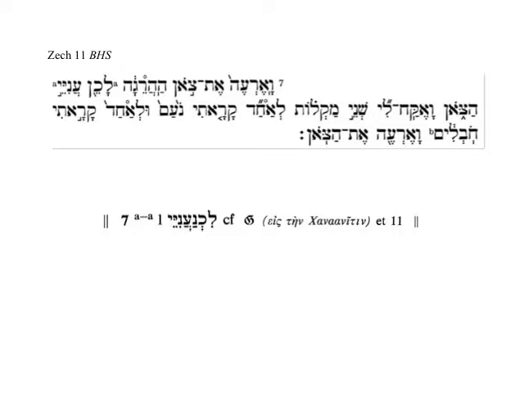Zechariah chapter 11 verse 7, there are two places where the editor of the BHS has notations. We're just going to focus on the first one. You'll notice there's two letter A's, and so what the note at the bottom of the page concerns is the materials found between the two letter A's.